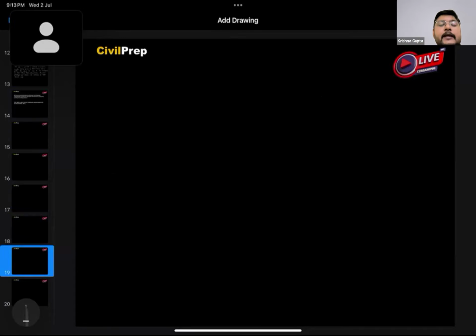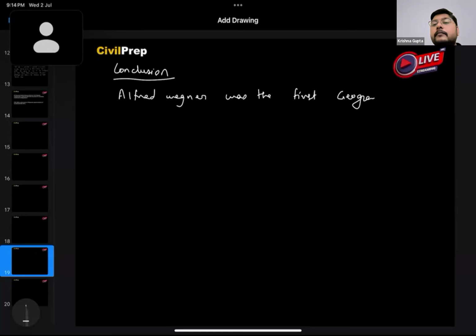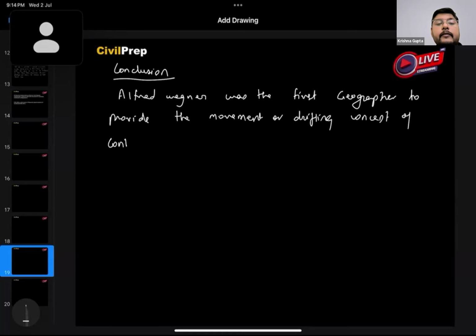Now, apart from this, if we look at the conclusion, here we will see that Alfred Wegener was the first geographer to provide the movement or drifting concept of continents, though not accepted completely.